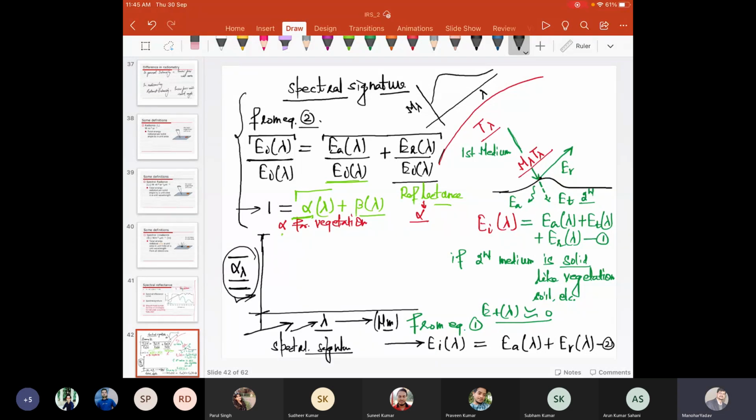We are collecting a lot of information from the same object, getting different DN numbers. It means at a different spectral band, the behavior of the object is different, and the behavior is represented in a spectral signature over here.